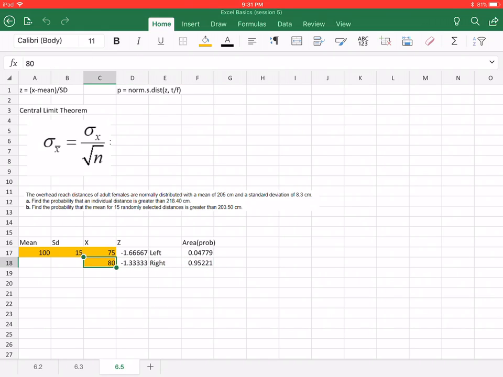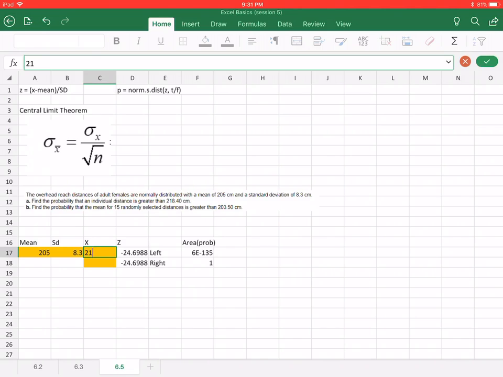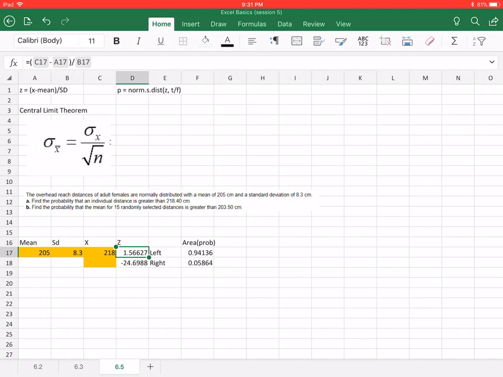So if we read the question that's asked, I'm going to go ahead and delete those, we're going to see that the overhead reach distances of adult males are normally distributed with a mean of 205, so we're going to fill in the mean. A standard deviation of 8.3, so we're going to fill in that one. Find the probability that an individual distance is greater than 218, so 218 is our number.